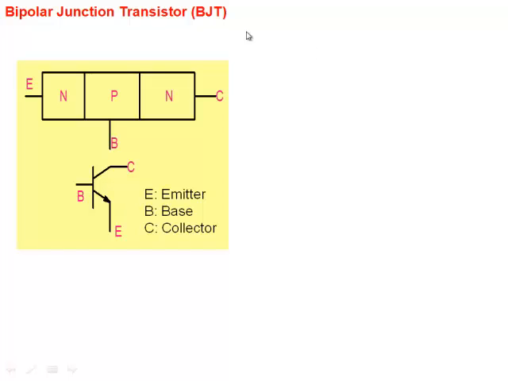And the device gets its name, the terminal gets its name, emitter and collector, mainly because when we bias it, normally what happens is electrons are emitted or injected from the N-type, and then they are collected at this side here. So that's why it gets the name emitter. It injects electrons, and this one collects the electron here.